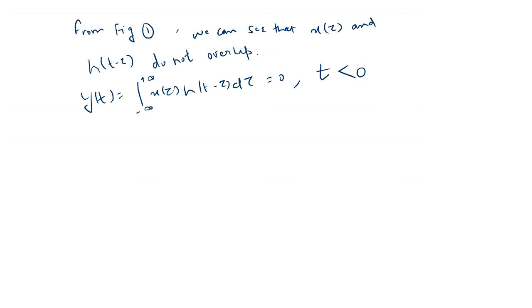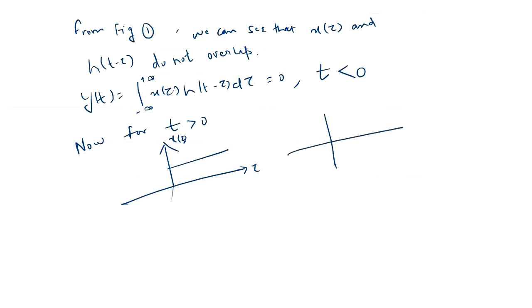Now consider the case t greater than 0. What is the graph? From figure 1, this is our x(tau) and this is our h(t minus tau). This is our graph for t greater than 0.